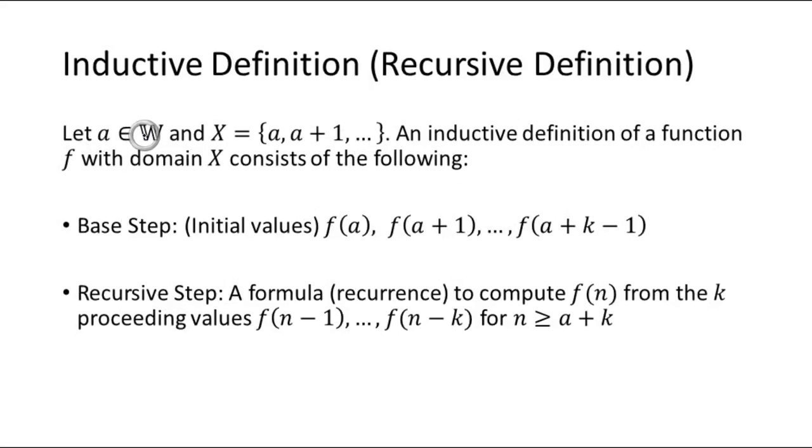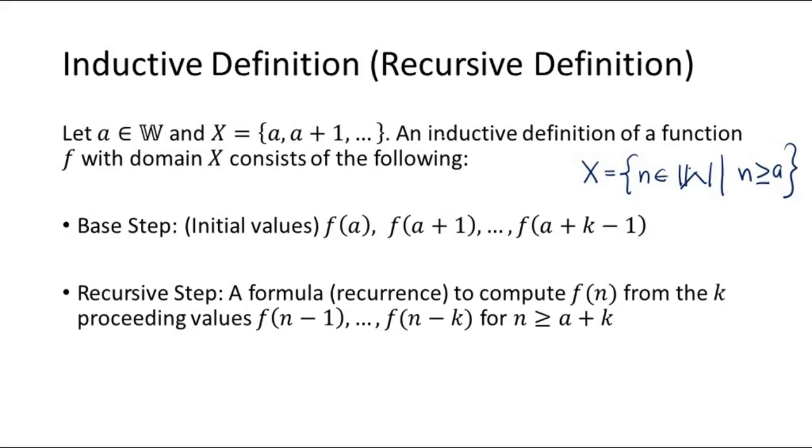Let a be a whole number and X be the subset of the integers consisting of all integers greater than or equal to a. So X is the set which contains all whole numbers that are greater than or equal to a.